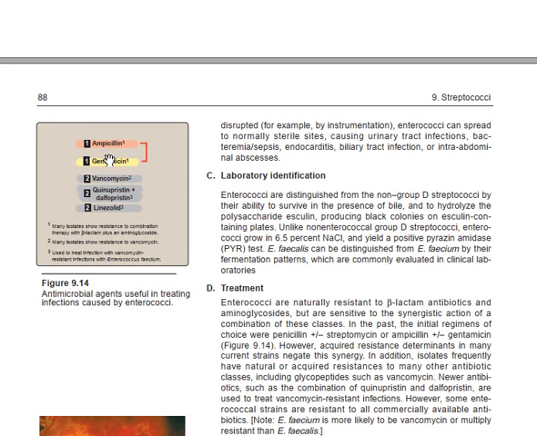Every time you think of an infection caused by Enterococci, you must always add an aminoglycoside. An aminoglycoside is extremely useful here. Ampicillin is used generally for cocci, but Enterococci is highly resistant to ampicillin, so you must always add gentamicin when you want to treat an infection with Enterococci.